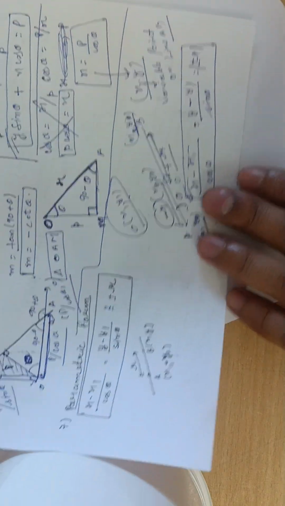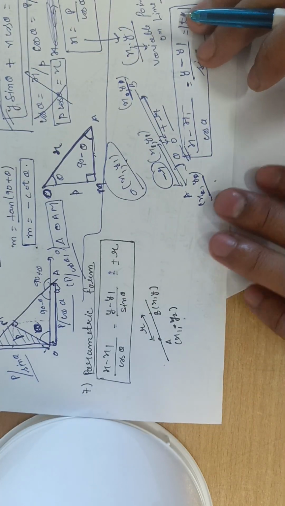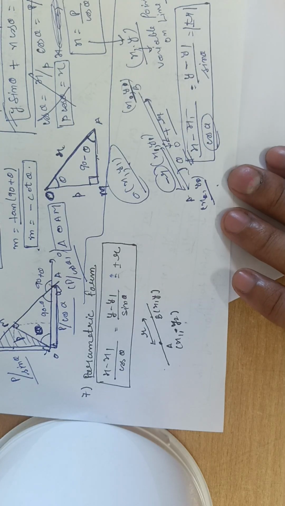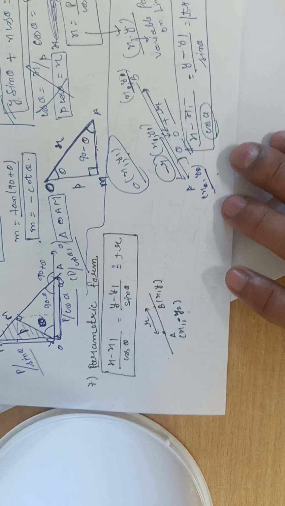This point O is given, and the angle made by this line is also given, and we have to determine the equation of the line. Then we use the parametric form of the equation of a line.